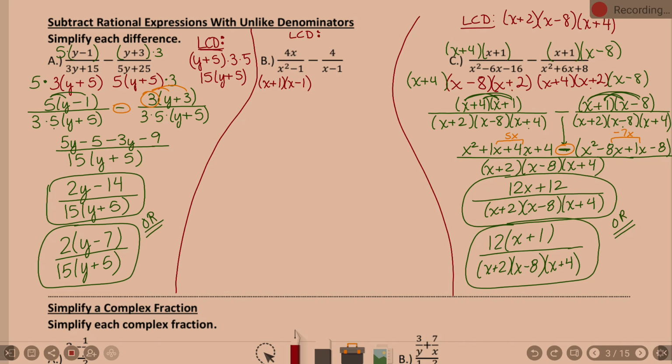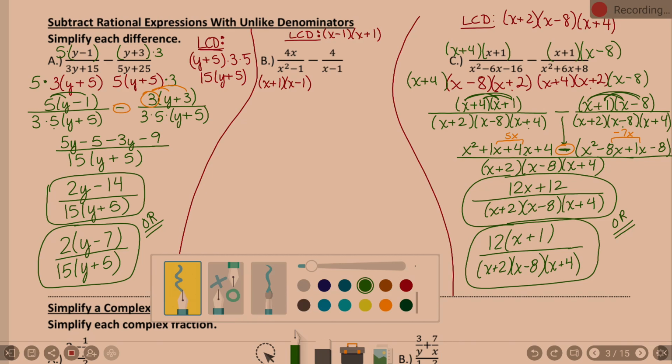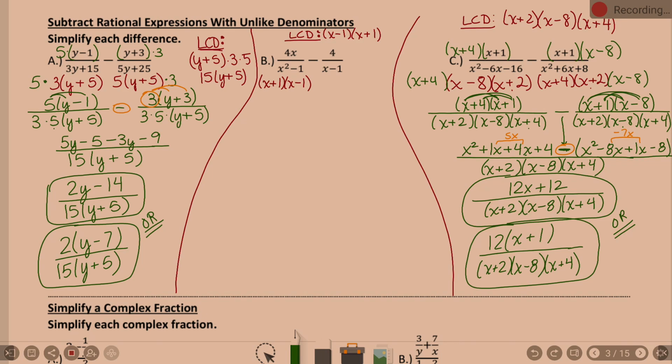Remember, when you look for least common denominators, look for what's in common. In common between my two denominators, x minus 1. Look for extras. The extra piece is x plus 1. So, both denominators are going to be x plus 1, x minus 1.